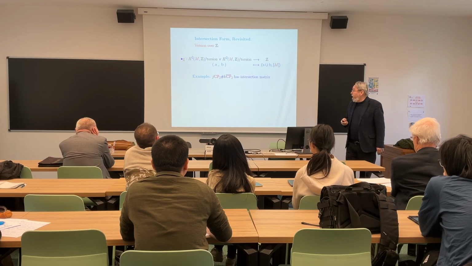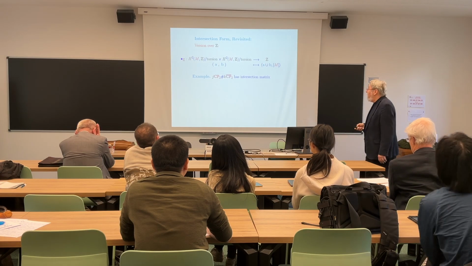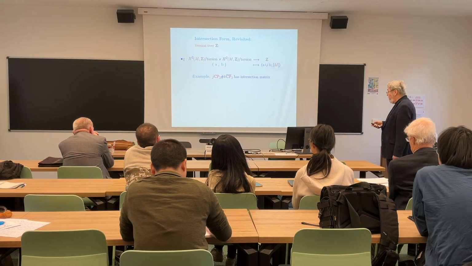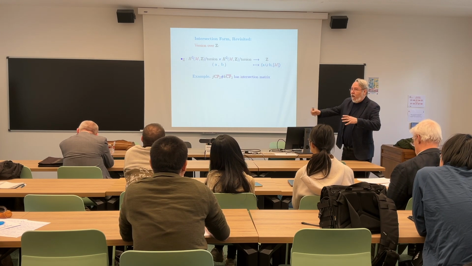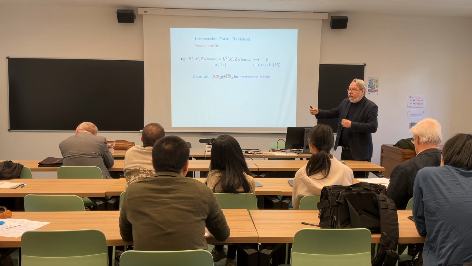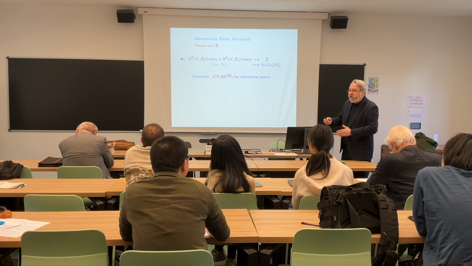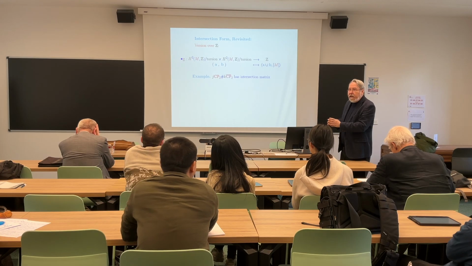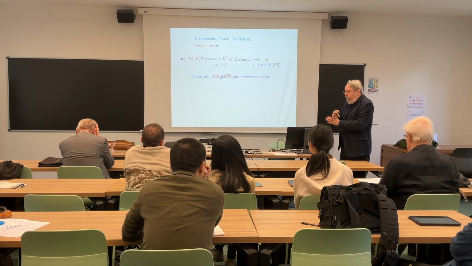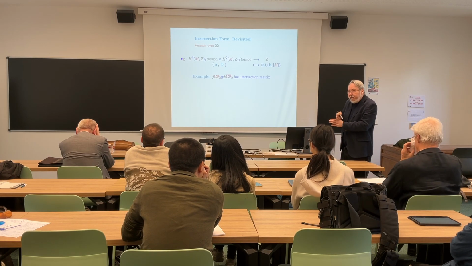All right, if we look at that example, there's an obvious basis here. In CP2, you have a CP1, and that generates the homology. So you take a complex projective line in the complex projective plane, and if you move that line a little bit, its generic perturbation meets it in one point.